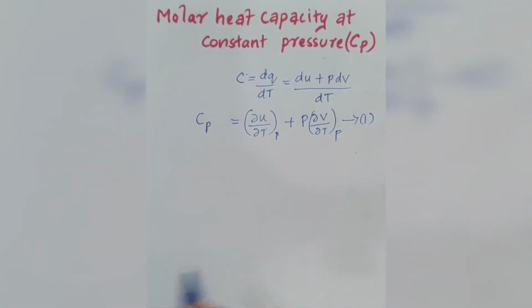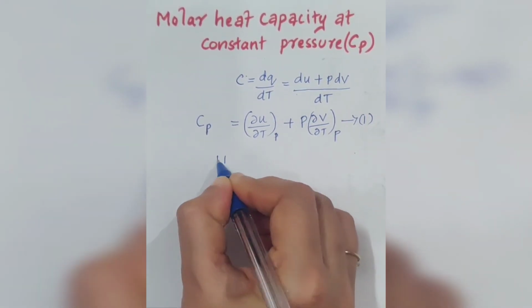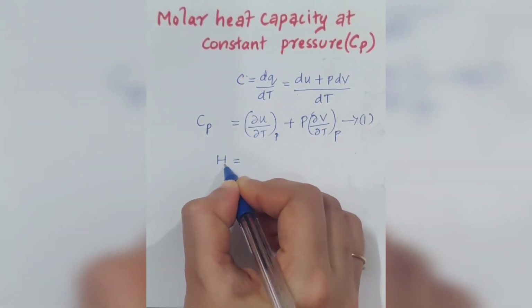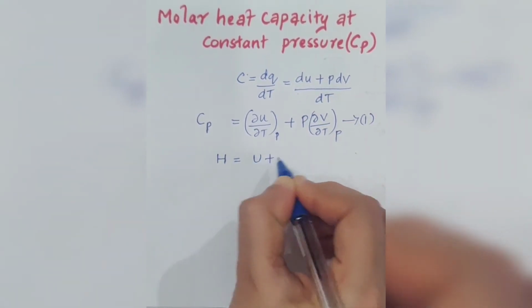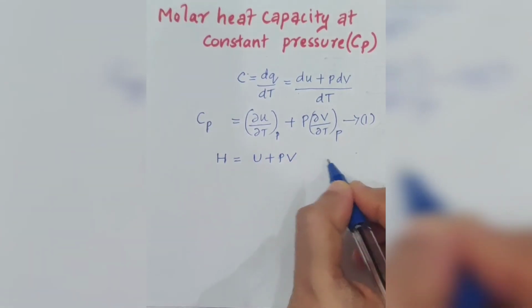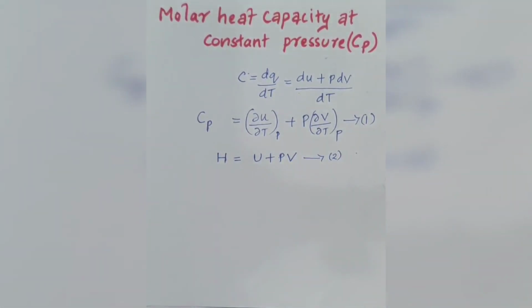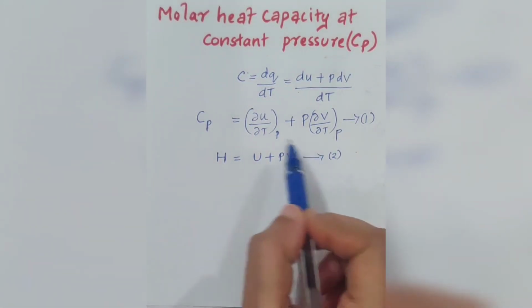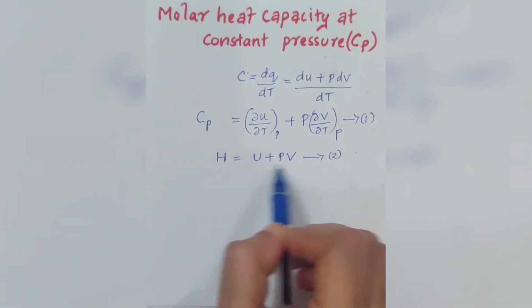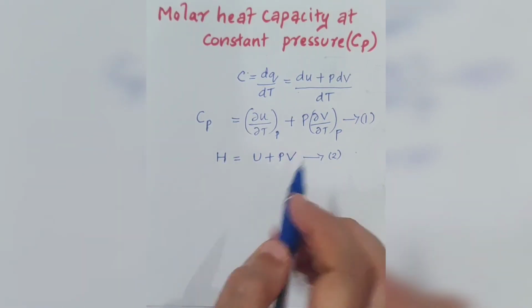Now next, we already know the equation of enthalpy: H is equal to U plus PV. Put it as equation number 2. We are differentiating this equation 2 with respect to temperature at constant pressure.